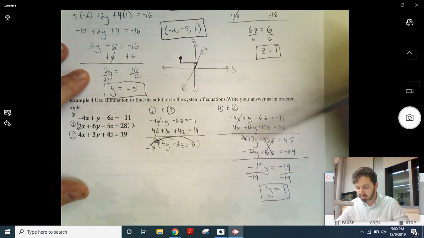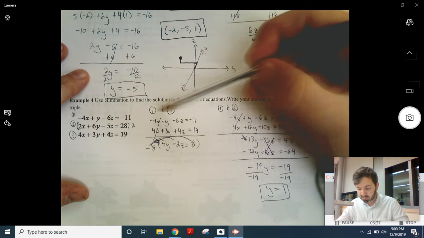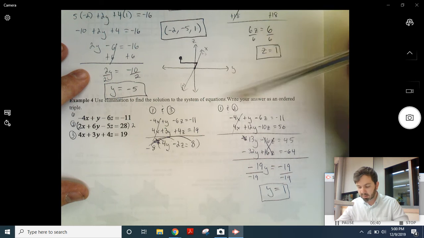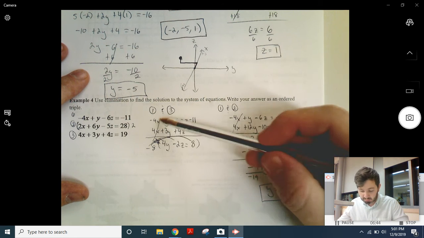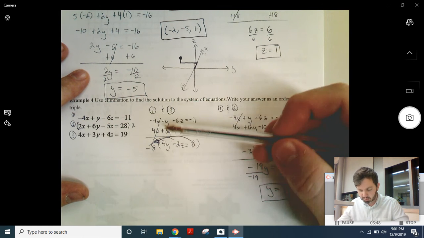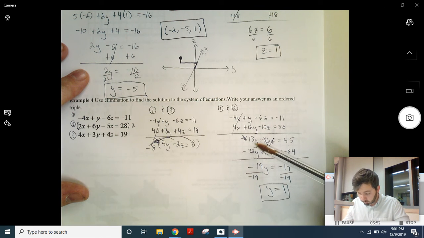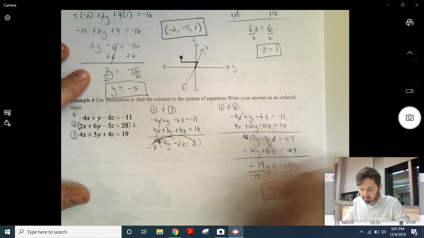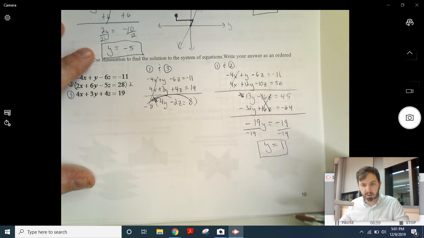The only reason that this worked is that when I did 1 and 2 and 1 and 3, we eliminated the same variable twice. We eliminated the 4x, so we eliminated the x variable. So it gave me an equation in terms of y and z again. And because they were the same variables, we were then able to solve this for y.